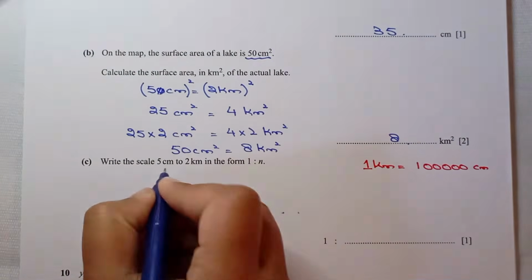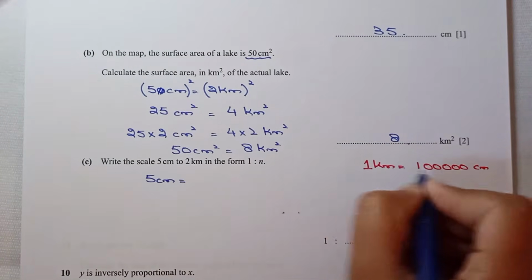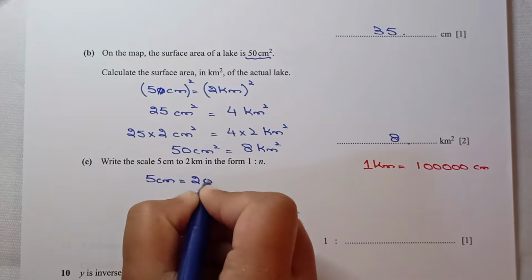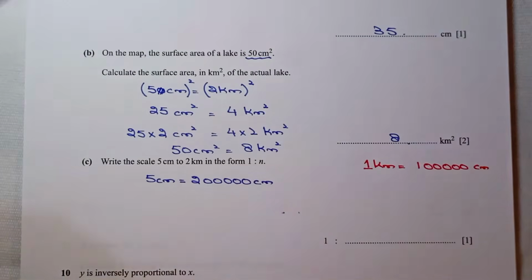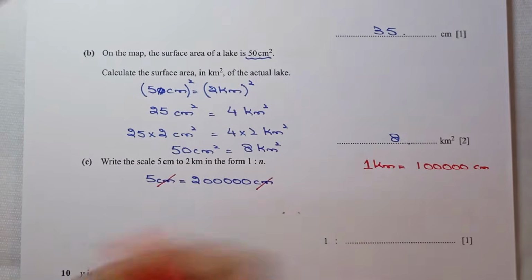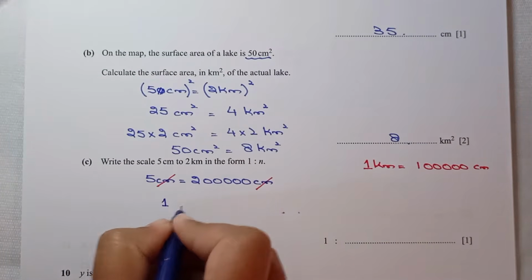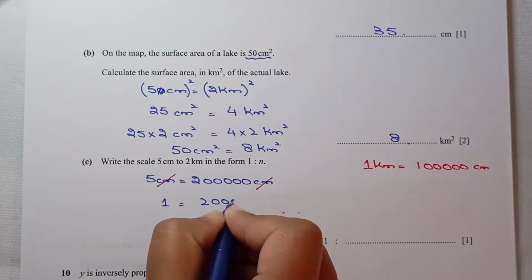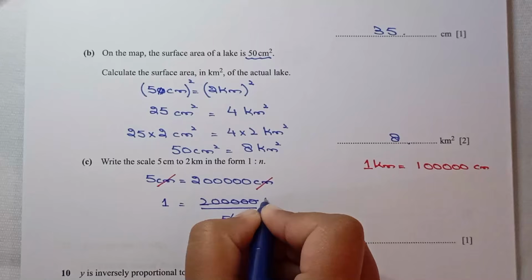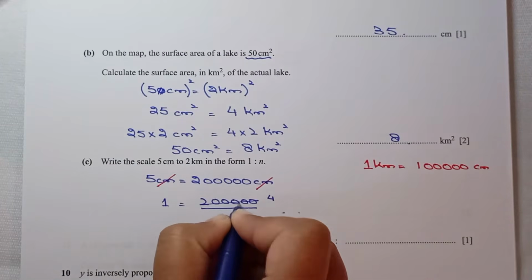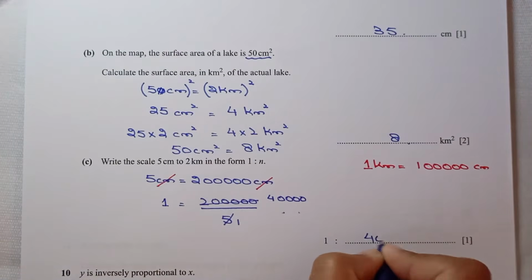Okay, so 5 centimeter is equal to 2 kilometer, which is 2 lakh centimeter, right? So we can cancel the centimeters and we need to find 1:n. So 5 would be equal to this. What is 1? 1 would be equal to 2 lakh over 5. 5 times 4 is 20, and 4 zeros. So 1:4,000.